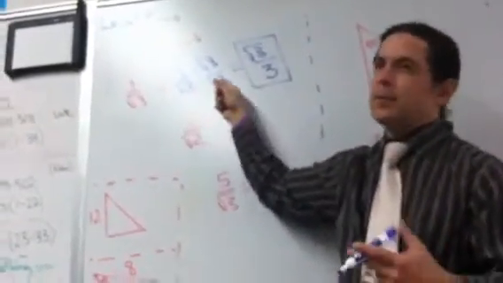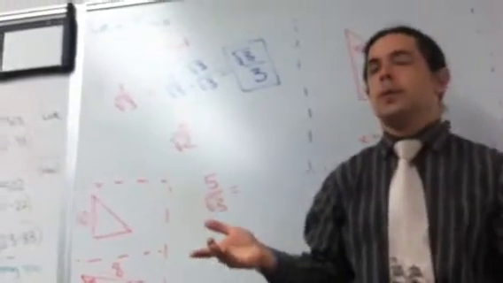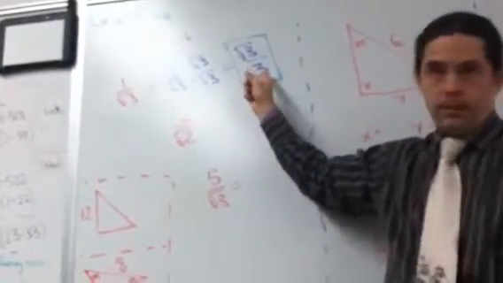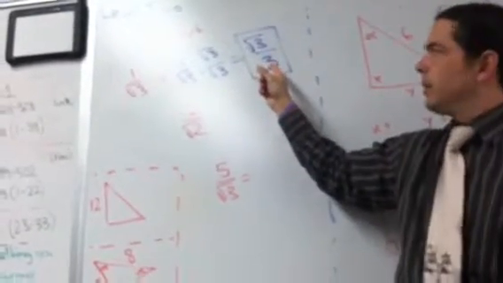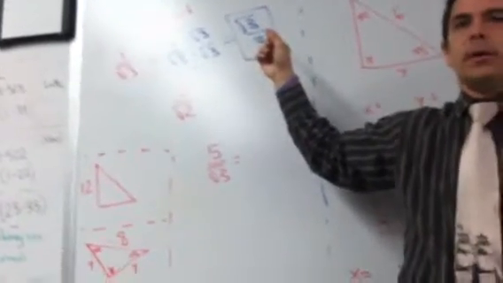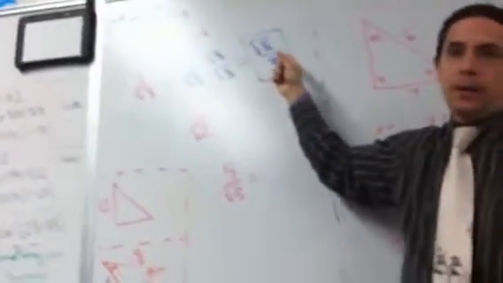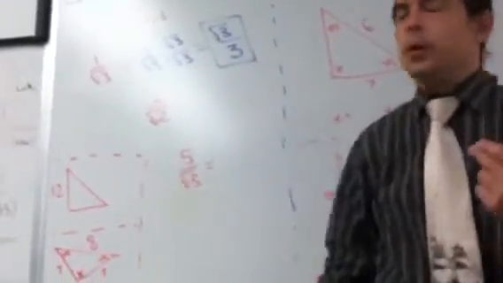The square root of 3 times the square root of 3 is the square root of 9. And what's the square root of 9? 3. The square root of 9 is just the regular number 3, which is what we like, because we want a regular number, not a radical down there. Is that good? Okay, that's important.